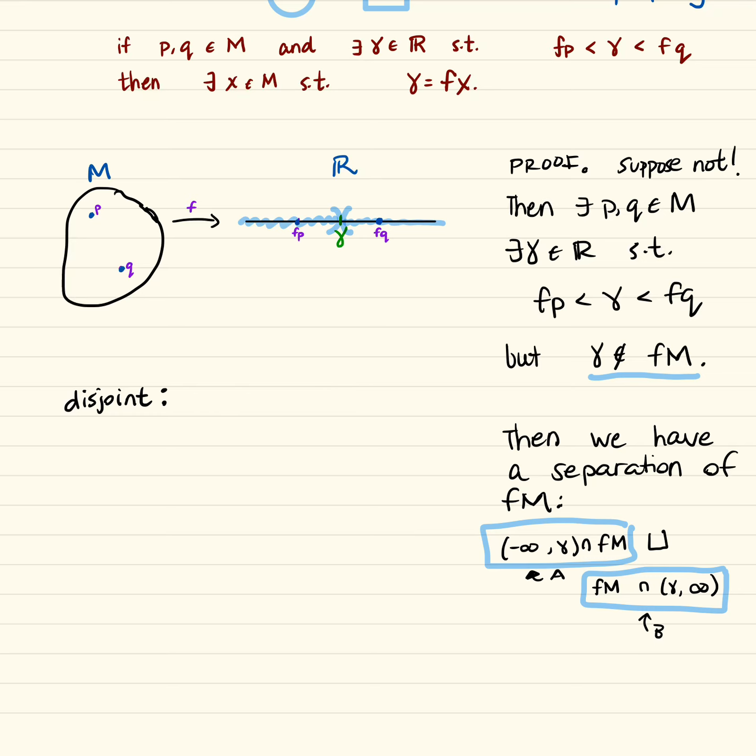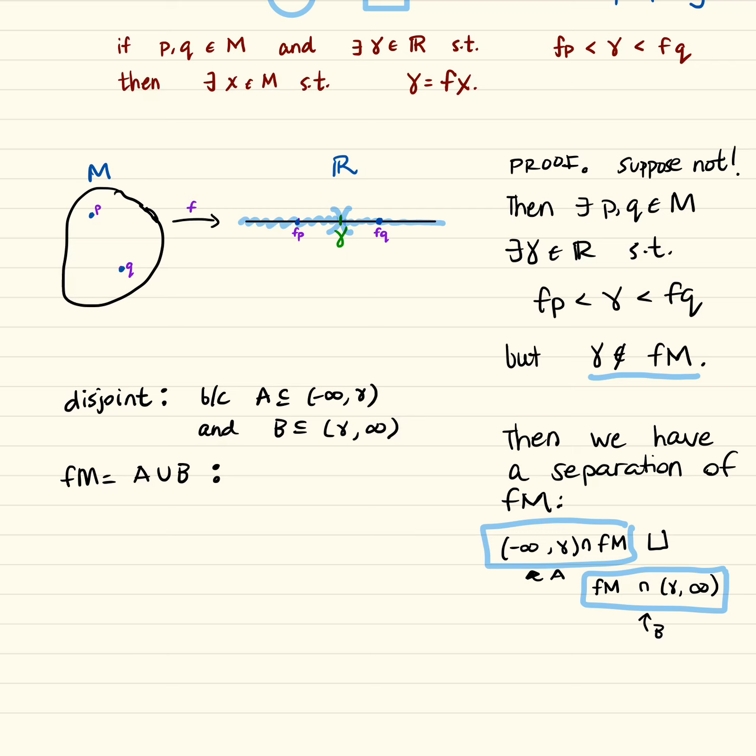Now, why is it disjoint? Because A is going to be a subset of negative infinity to gamma, and B is going to be a subset of that interval, right? So A intersect B has to be empty. Now, why is F of M equal to the union of A and B?